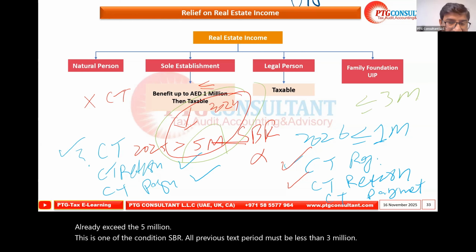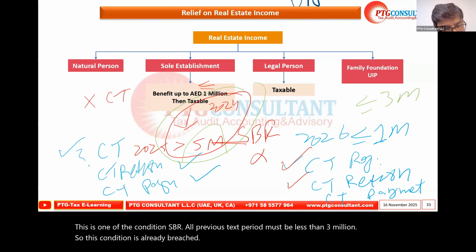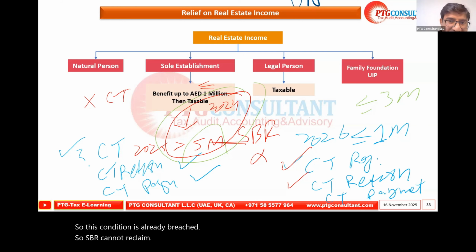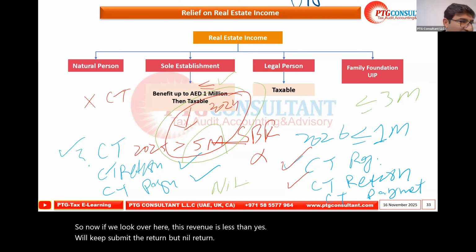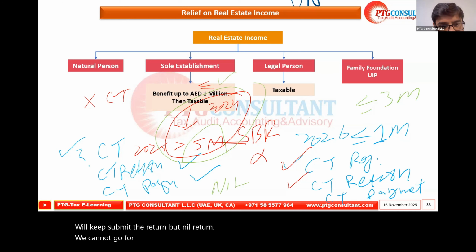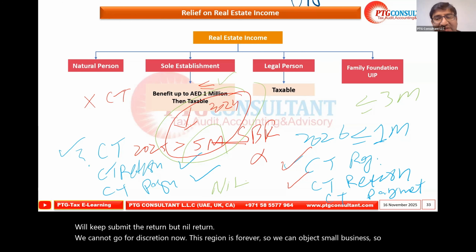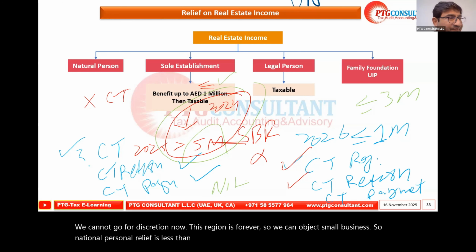So this condition is already breached, so SPR cannot be claimed. So now, if we look over here, this revenue is less than 1 million, yes, we'll keep submitting the return, but a nil return, because we cannot go for declaration. Now this restriction is forever. So we can opt for the natural person relief with revenue less than 1 million as a nil return.